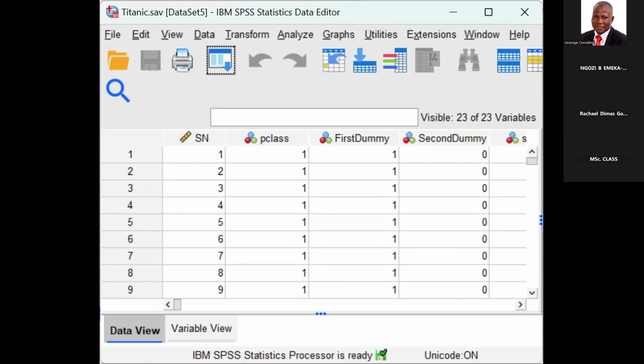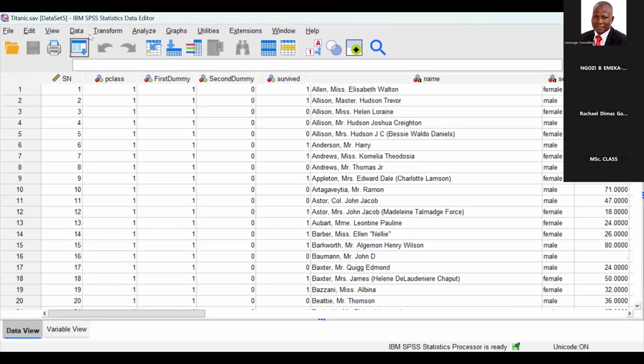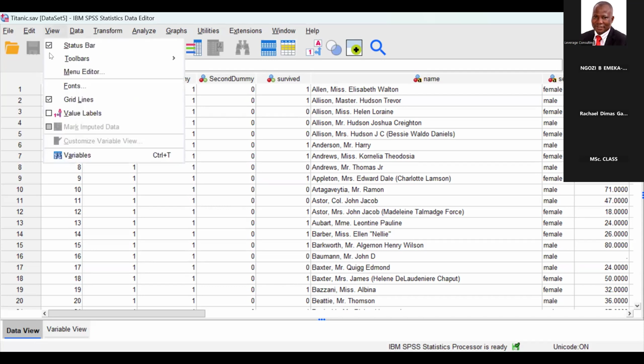In this data set you see the survivors from those who were on the Titanic ship that sank in the early 1900s. So what made the people that survived different from the people that didn't survive? So survive is our outcome. Survive is 1, did not survive is 0.